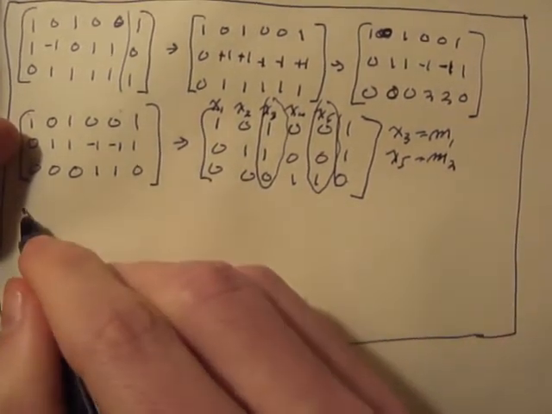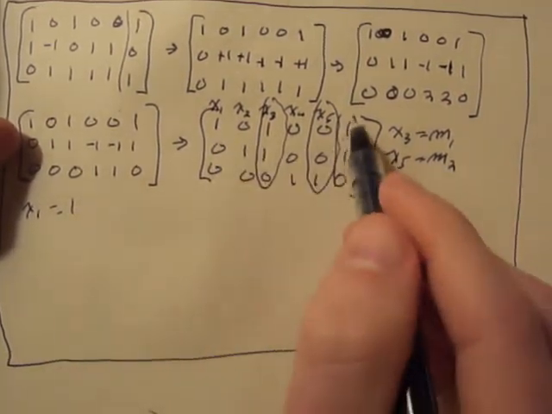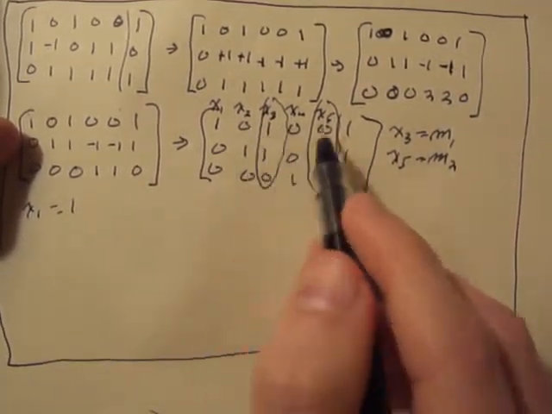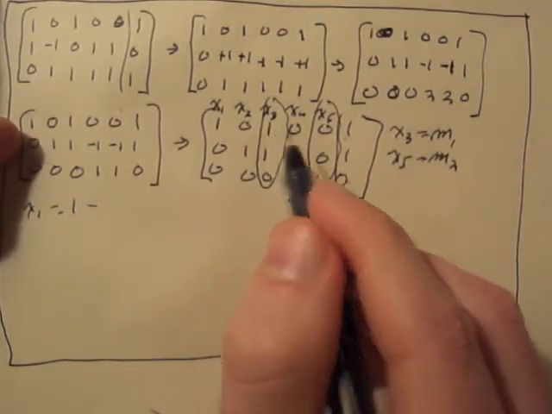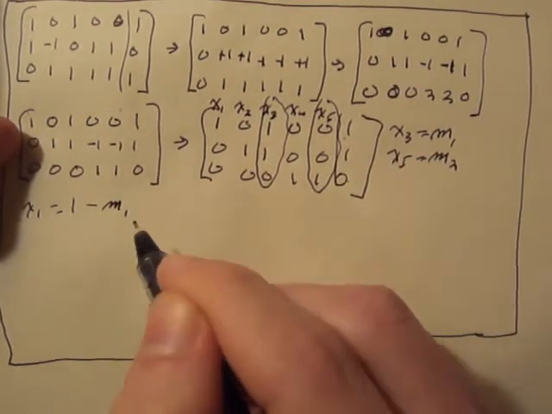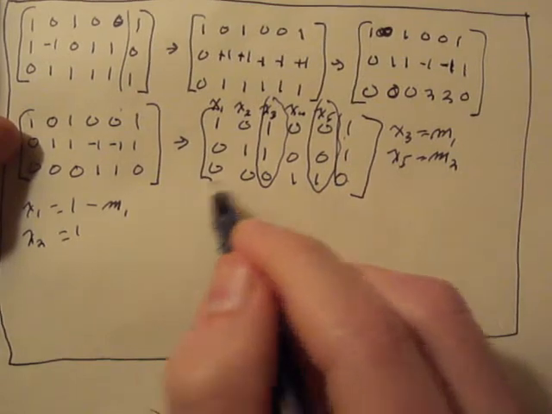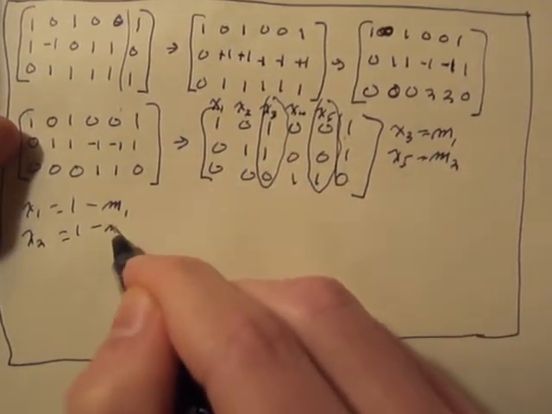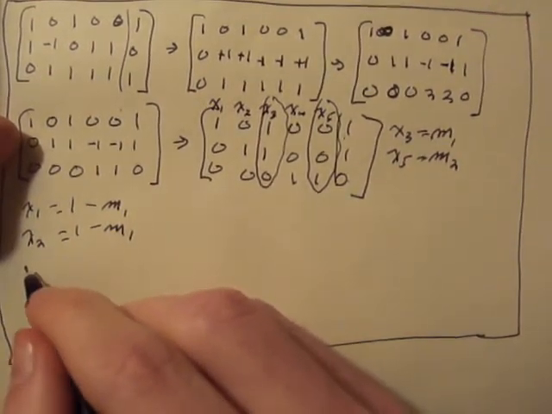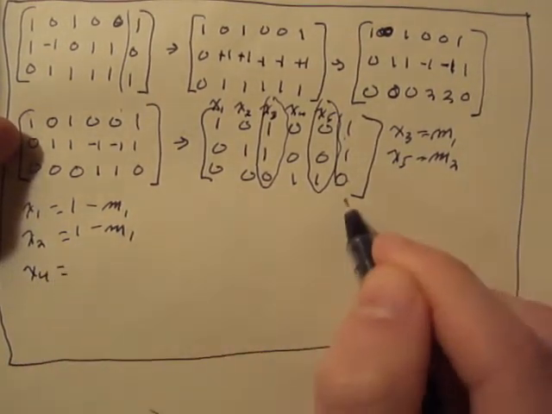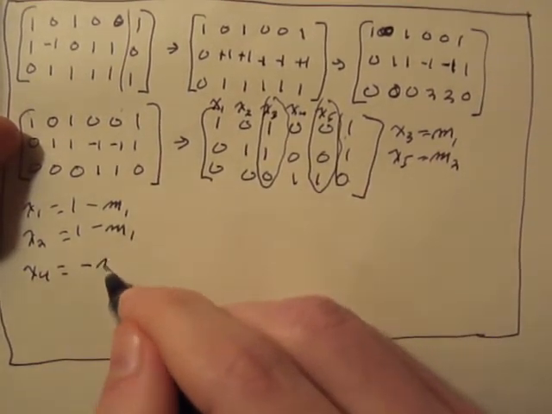Then we can write x1 is equal to 1, and then we subtract everything on the left side, so 1 minus 1 x3, but x3 is m1, so 1 minus m1. x2 is equal to also 1 minus m1, and x4 is our other non-free variable. x4 is just equal to 0 minus an x5, but x5 is m2, so it's just negative m2.